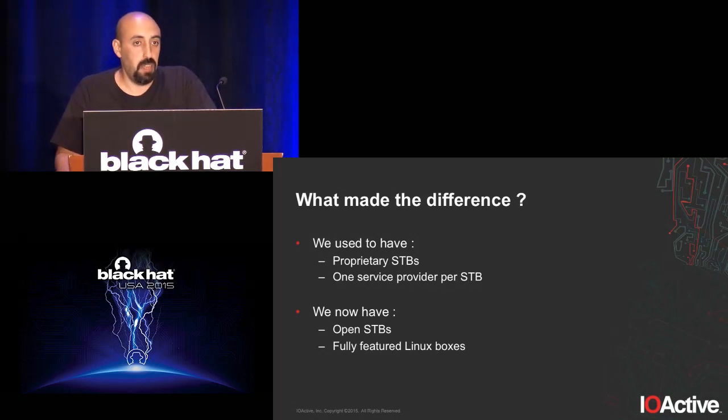Before, every provider used to have his own set-top boxes that decrypt his own channel sets. Now, with open satellite set-top boxes, we have the possibility to host different providers and be able to decrypt a lot of different channels.